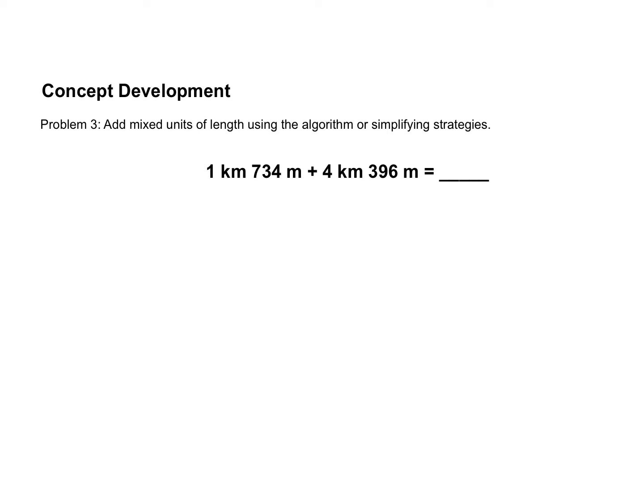I'm going to line everything up, because I need to make sure that my units of measurement match each other. I can't add kilometers to meters without changing or converting them. So I've got 1 kilometer, 734 meters, and then I have 4 kilometers, 396 meters.